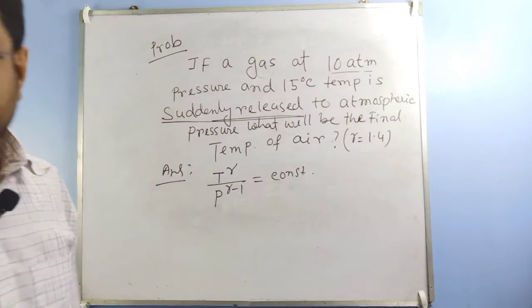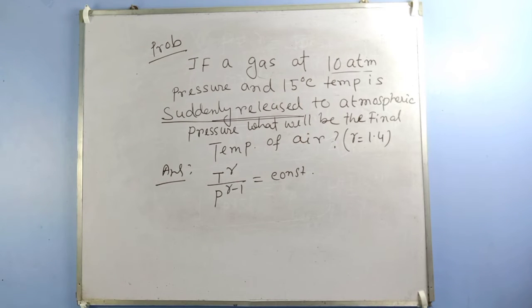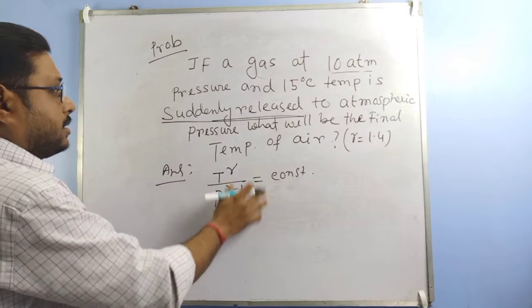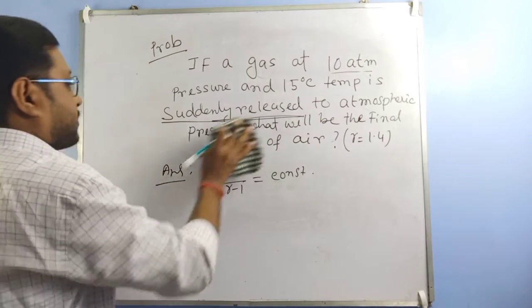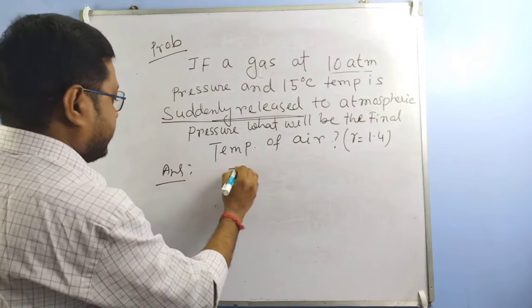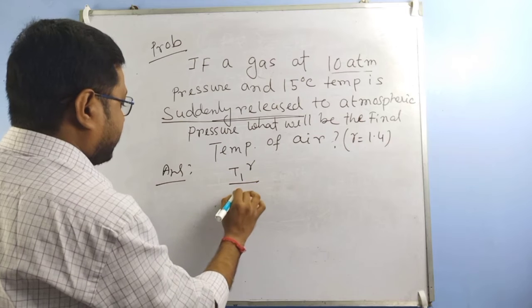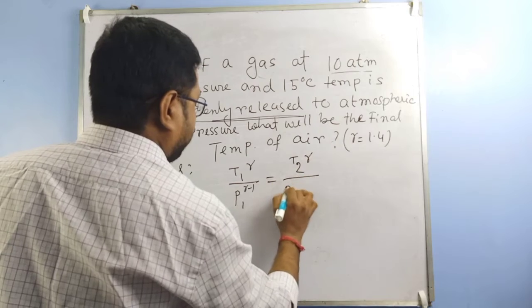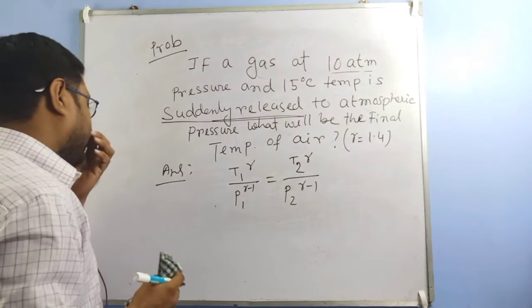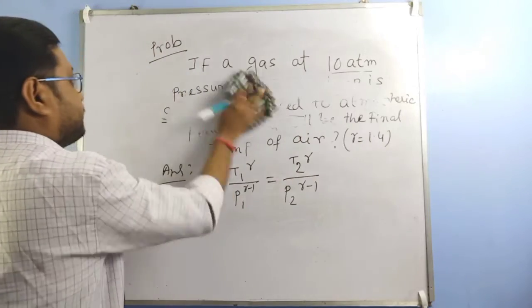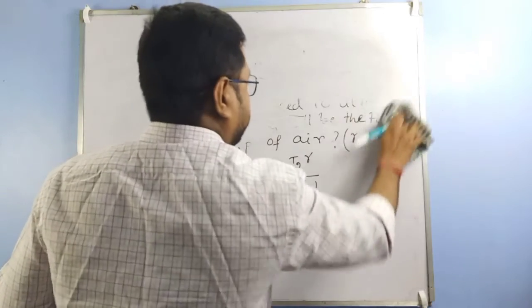From this relation we get T1 to the power gamma by P1 to the power gamma minus 1 is equal to T2 to the power gamma by P2 to the power gamma minus 1. Now put the values of T1, P1 and P2, and T2 will be found. You must find the value of T2 in Kelvin.